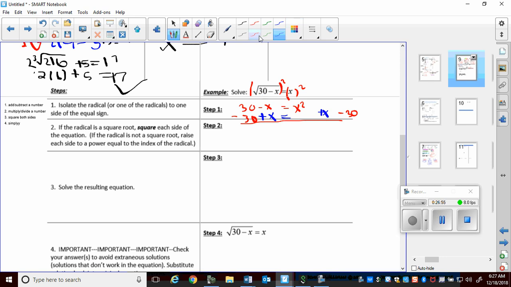And as a matter of course, 30 minus 30 is 0. x minus x is 0, so I'm left with 0 equals, and on the left, I have x squared plus x minus 30.